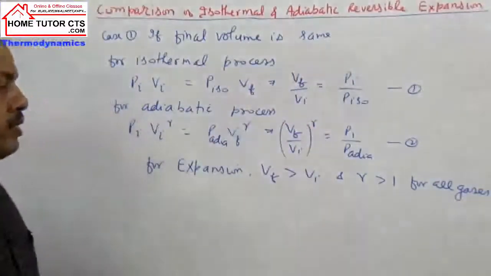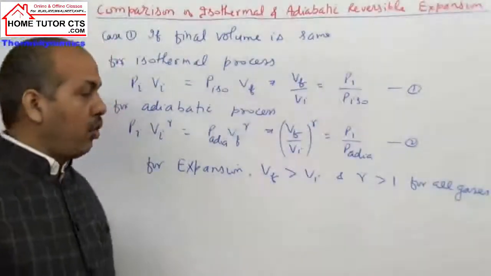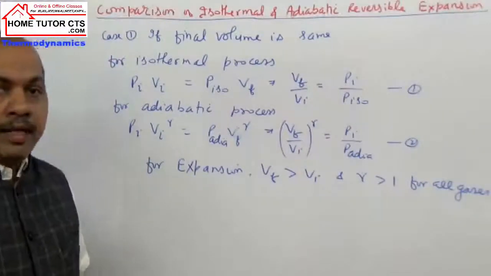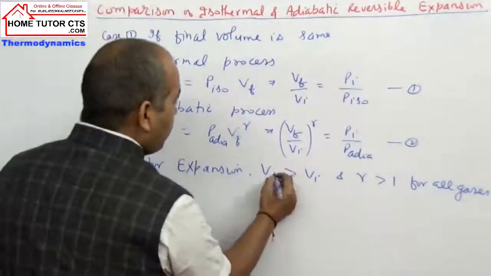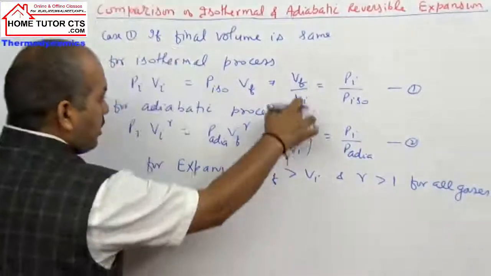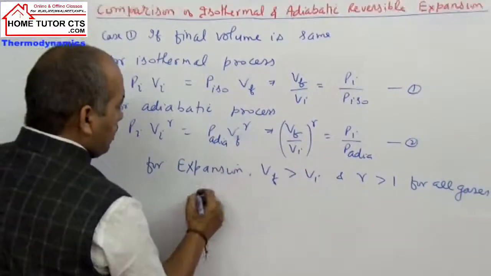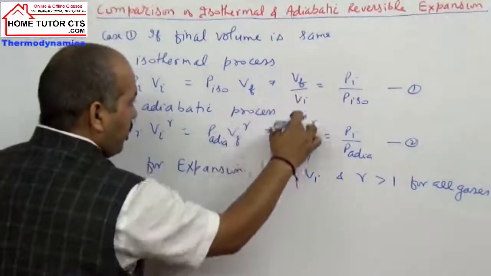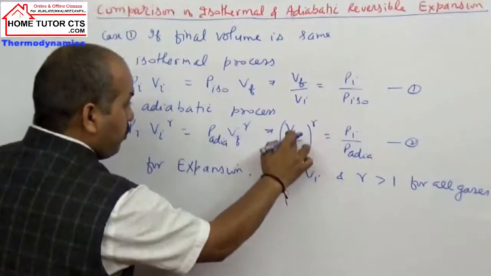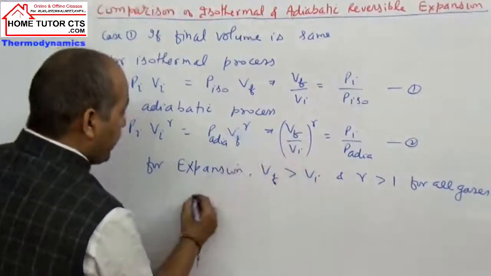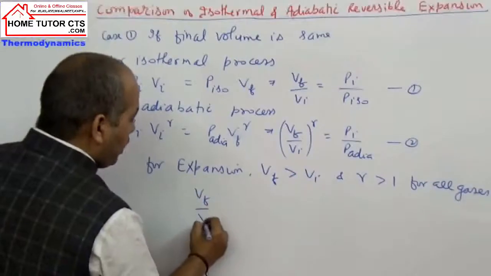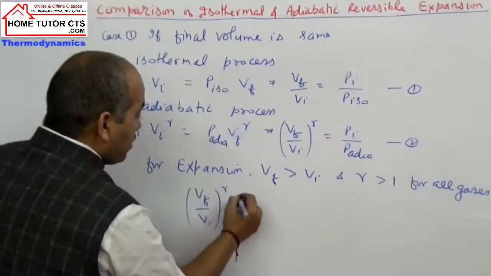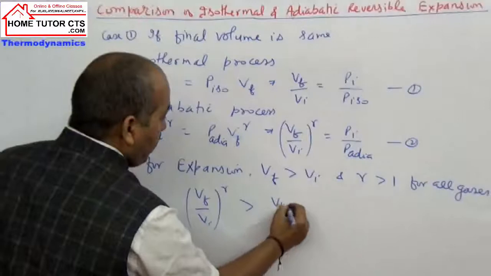For monatomic, diatomic, polyatomic gases, in all the cases the value of gamma is more than 1. When the value of gamma is more than 1, you can see from the relation that this ratio of volumes is equal, but gamma is more than 1 and V final is more than V initial, so we can write here (V final by V initial) power gamma is more than V final by V initial.